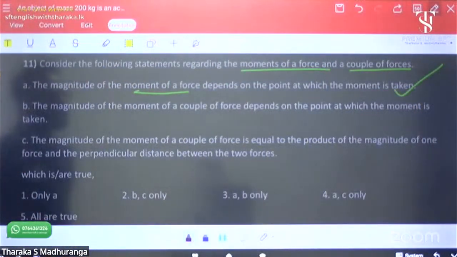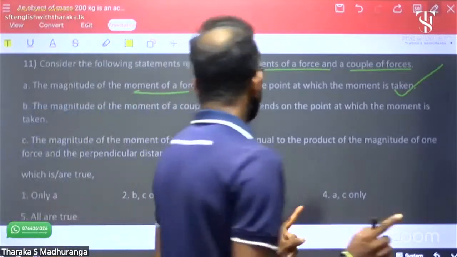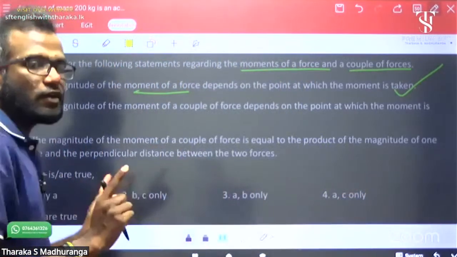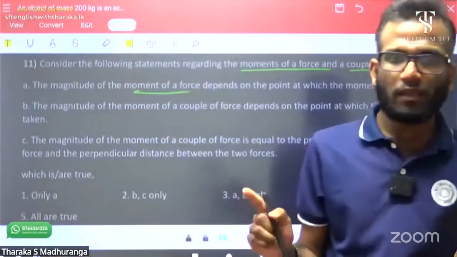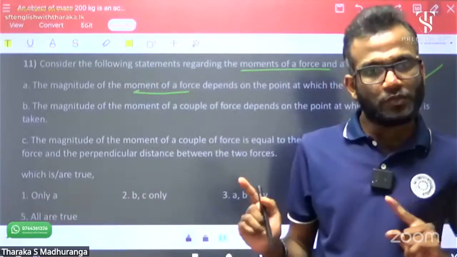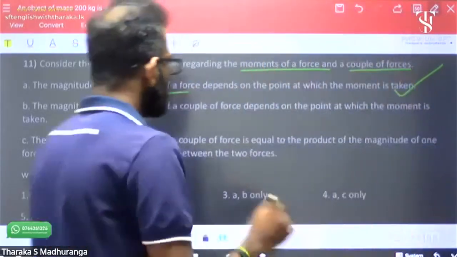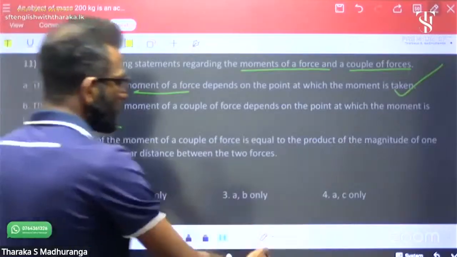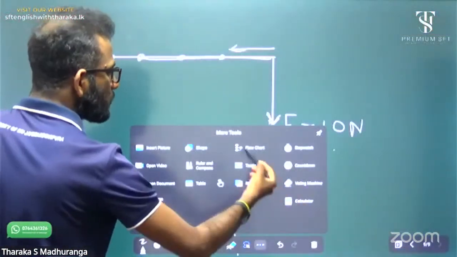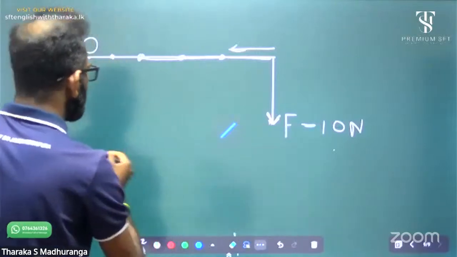Statement B: the magnitude of the moment of a couple of forces depends on the point at which the moment is taken. What do you think? Is it true? It's false. Definitely it's false. Why? The moment of a couple of forces is like a water tap, like a steering wheel.